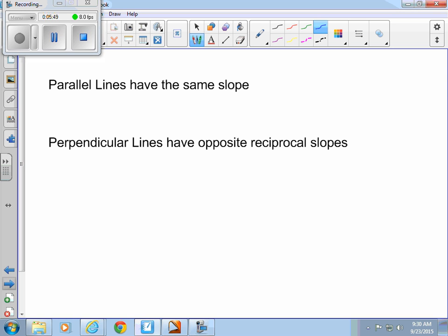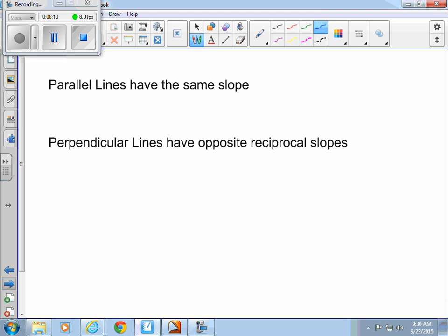Changing the sign is where the opposite comes in. So you have to change the sign and flip. A lot of people get in their mind that reciprocal means change sign and flip, and it doesn't. It's actually that you're doing two things: the opposite and the reciprocal. Change sign and flip.